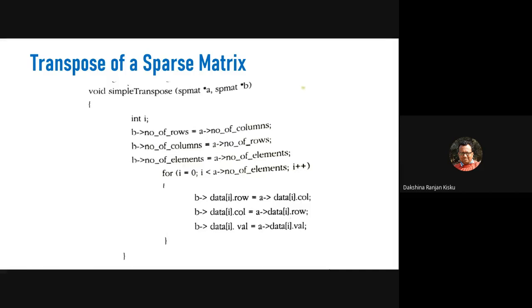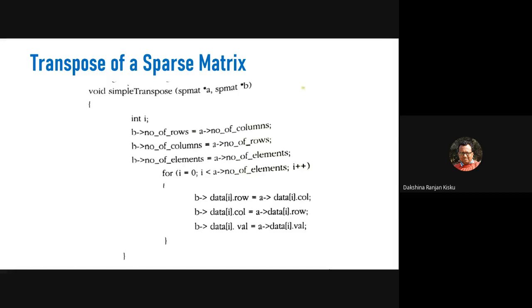Same entries mean the corresponding position will be the same. So we specify that b arrow data I dot row equals a arrow data I dot column. Similarly, b arrow data I dot column equals a arrow data I dot row, and b arrow data I dot value equals a arrow data I dot value.